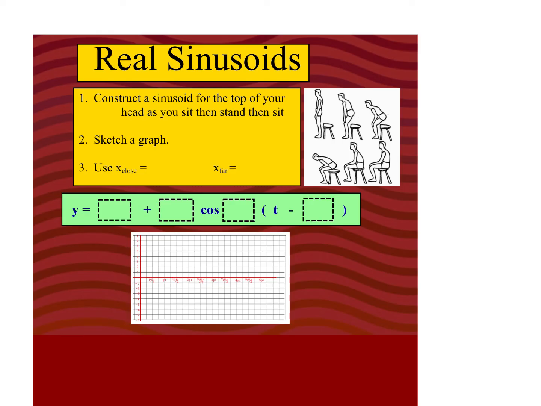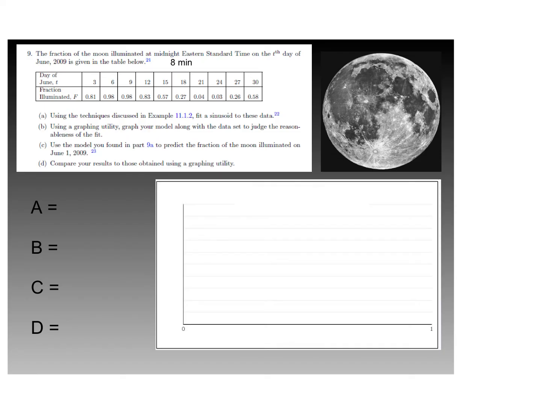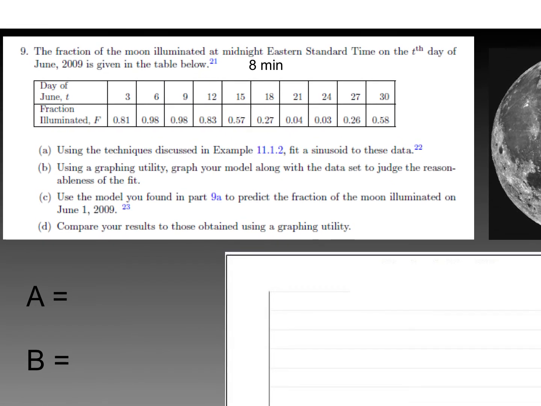So here's one last example, most like the thing you'd have on the test. We've got some data about how much of the moon is illuminated. Do you get that 1.0 would have been 100% illuminated? Do you get that they didn't actually have data on the exact moment the moon was fully illuminated?